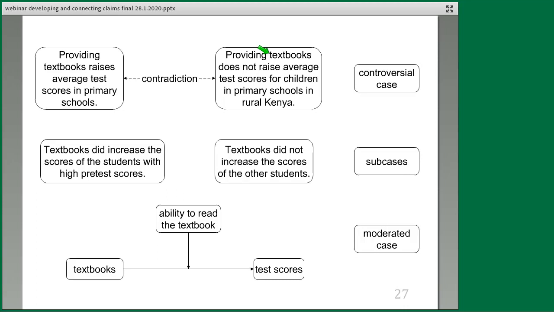At the beginning, it's important that researchers found that for children in primary schools in rural Kenya, the textbooks did not raise average test scores. But after the study, when we have arrived at this moderated case, it has become irrelevant whether providing textbooks did raise average test scores for all those children in the primary schools in Kenya, or whether it did not, because what is relevant is that providing textbooks can only raise test scores if children have the ability to read the textbook.